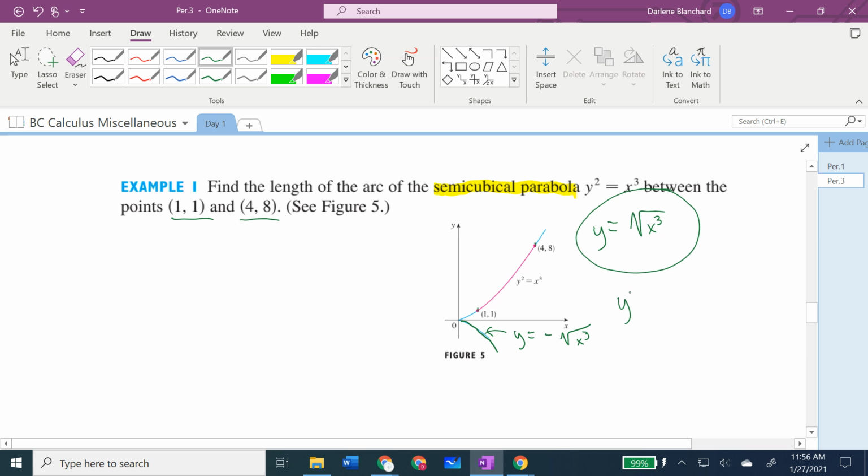I need the derivative. Before I take the derivative, though, I'd rather rewrite this. And now the power rule is going to be nice. And then I'm going to square that derivative. Technically, when I square a square root, I am dealing with the absolute value.